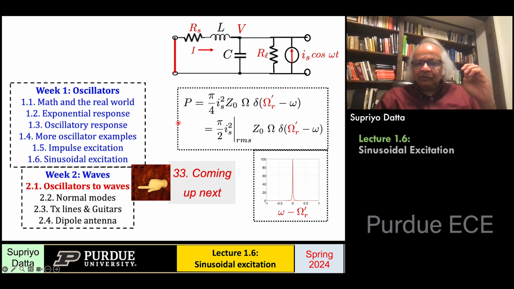The one result we'll make use of is this expression for the power that is drawn by an oscillator system from a source term, and that's this result that's out here. Okay, anyway, that concludes this week on oscillators, and next week we'll pick up waves. Thank you.